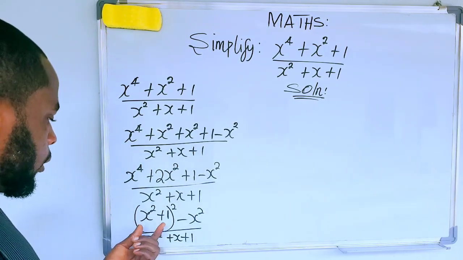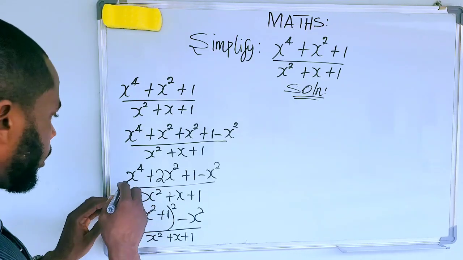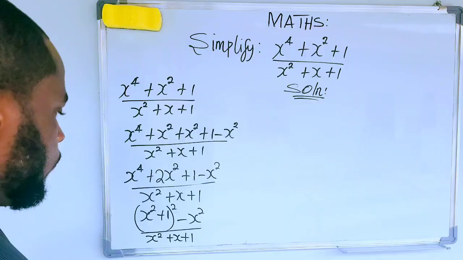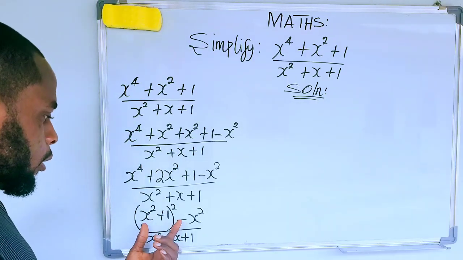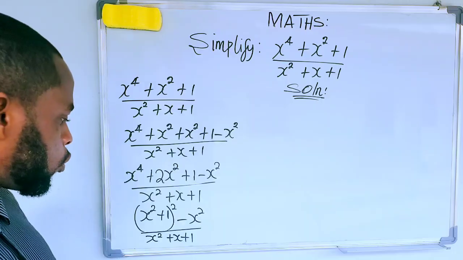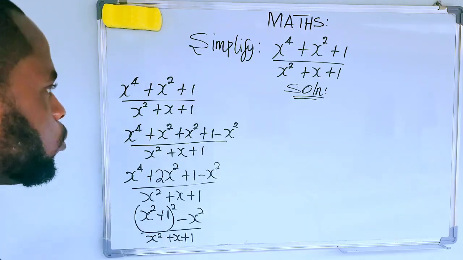Now if you expand this, you get this expression here exactly. Now we have been able to generate a difference of two squares here. As such, we are going to apply the difference of two squares.